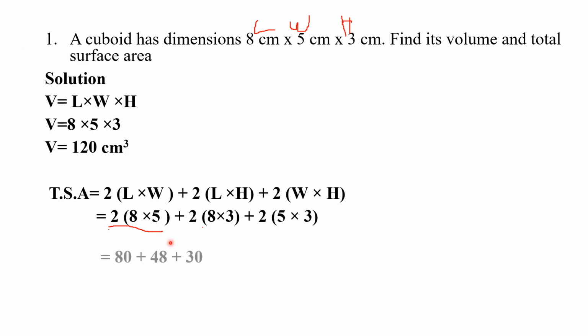So we get 2 times 40, I get 80. 8 times 3, I get 24, times 2, 48. Then 5 times 3 is 15, times 2, 30. Then we get a total of 158 square meters.